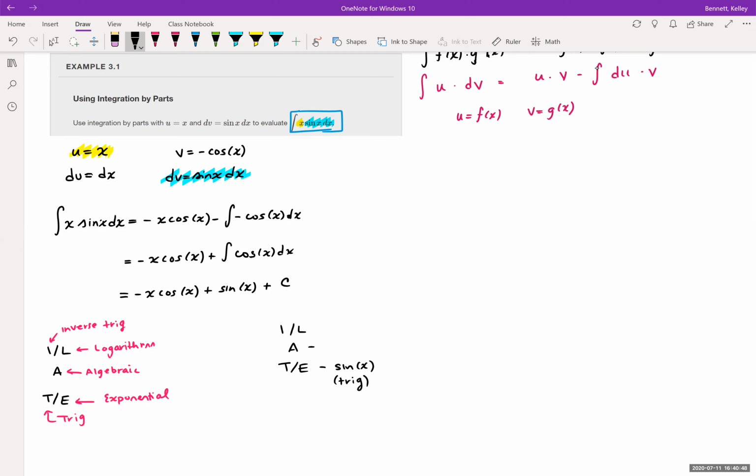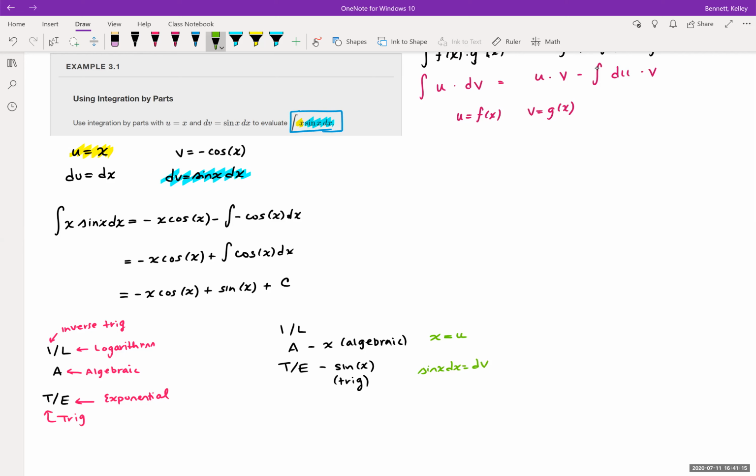X is just algebraic. So when you write this list vertically, the first one to appear closest to the top, that's your u. And then the one that's further down, that's going to be your dv. So that's where we get sine of x dx equals dv.